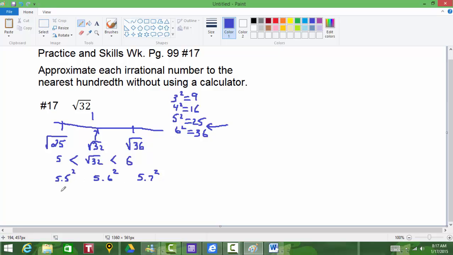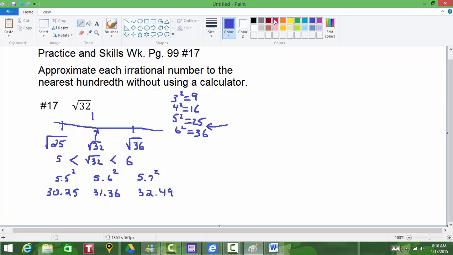So 5.5 squared I'd write down as 30.25. 5.6 I would write down as 31.36, and you're just multiplying 5.6 times 5.6. And 5.7 squared, that one's going to get us 32.49.